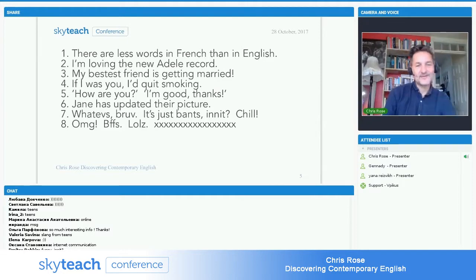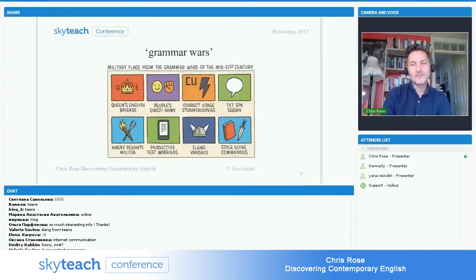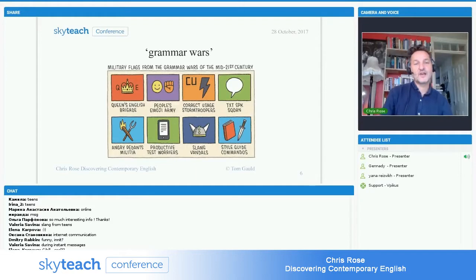Thanks for pointing that out, Dimitri, because let's have a look at this, because these discussions about what is correct English, what is not correct, what is good, what is bad, what should we say when, this is not only a discussion for language teachers, all sorts of people in Britain are having this. "I'm talking funny in it." This was a cartoon that was in a national newspaper a few months ago about the grammar wars, because us British people get very angry or worried or concerned about our language, and there are different branches.